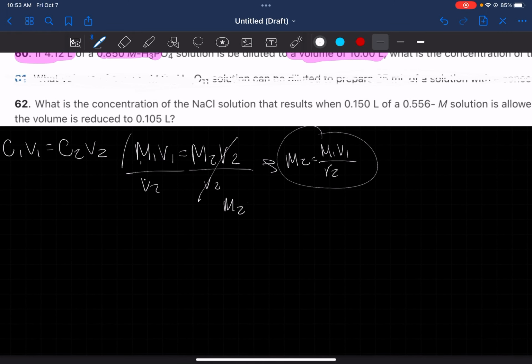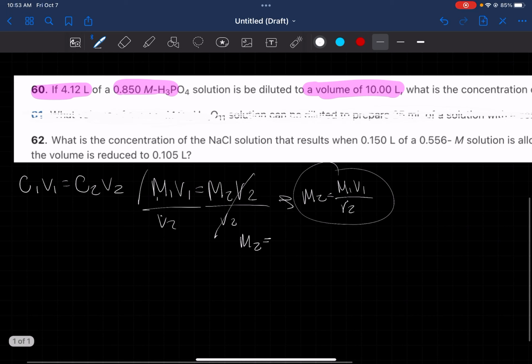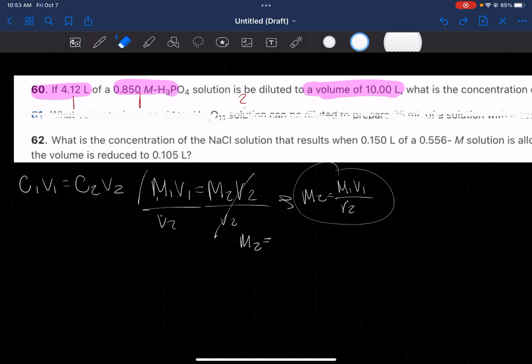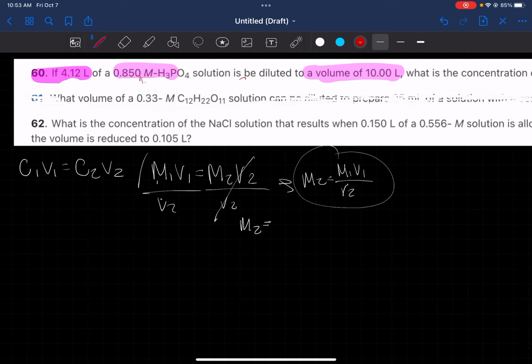So M2 is equivalent to your first molarity times your first volume over the final volume. M1 equals 0.85, V1 equals 4.12, and then we divide this by our final volume, which is 10.1 liters. If you do that calculation, you get 0.35 M2.